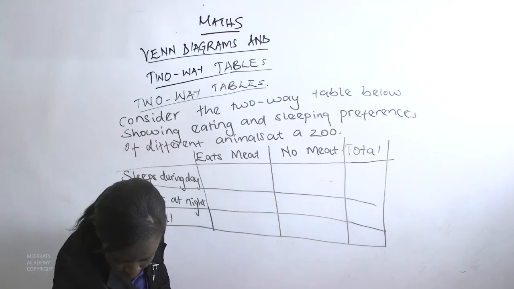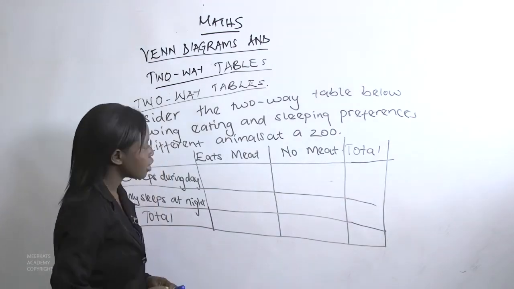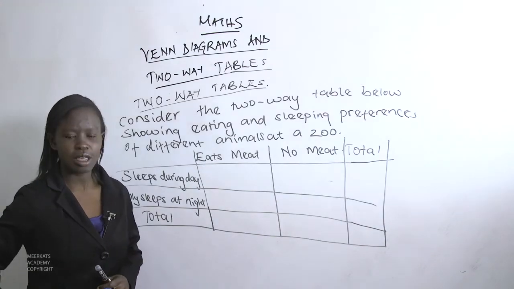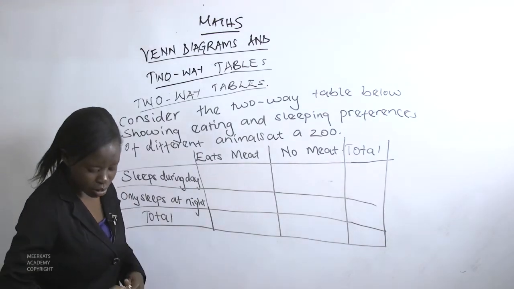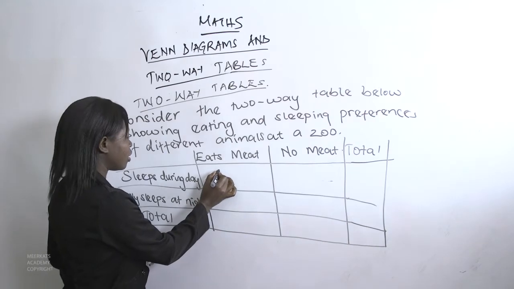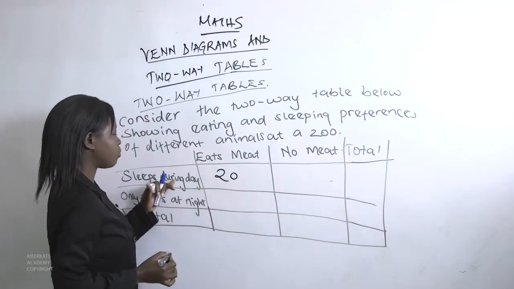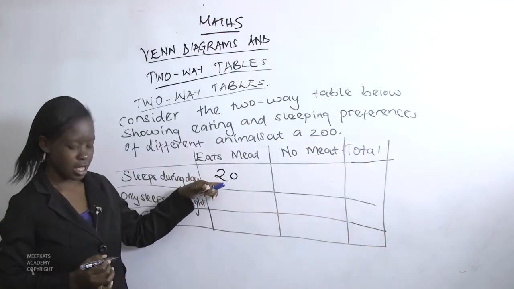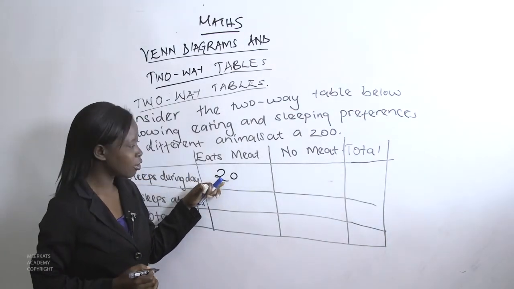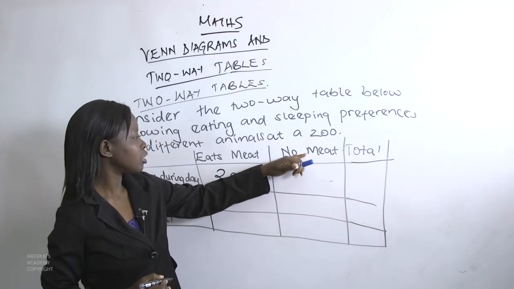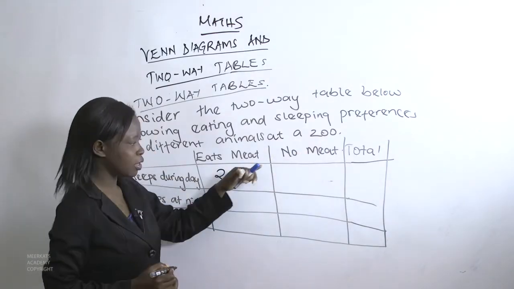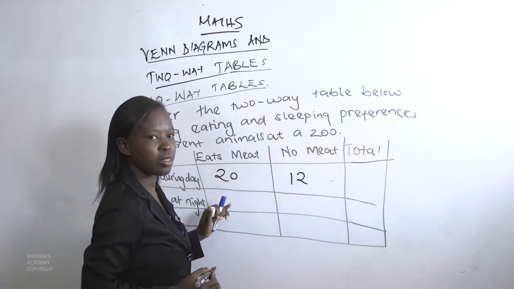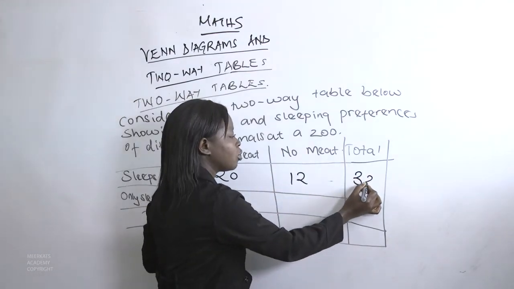And in this table, it is showing the sleeping and eating habits of different animals in a zoo. So we have animals that eat meat and sleep during the day. In that zoo there are 20. We have those that don't eat meat but sleep during the day. In that given zoo, we have 12. Then in total, we have 32.